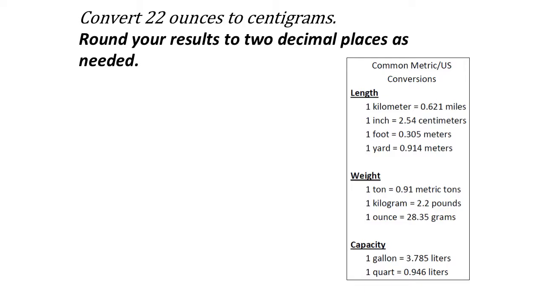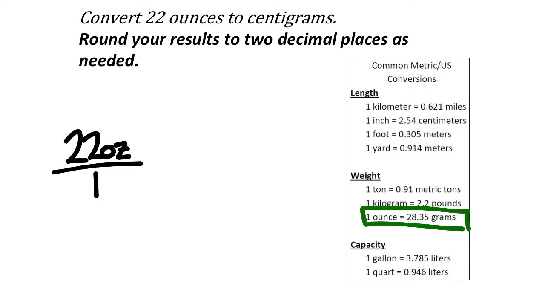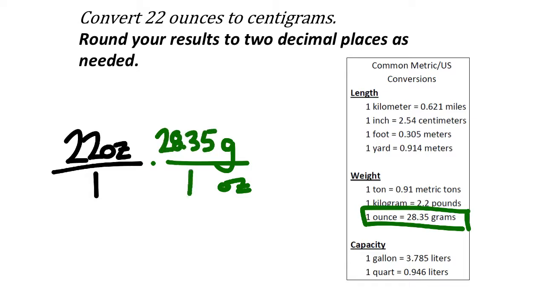So I start with my 22 ounces over 1, changing this first into grams, using this conversion factor here. I need to cancel out the ounces, so ounces in the denominator, it's 28.35 grams for 1 ounce. Again, we see the ounces cancel.